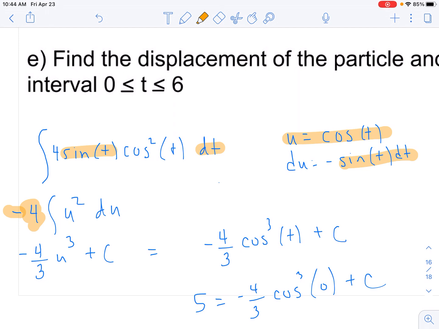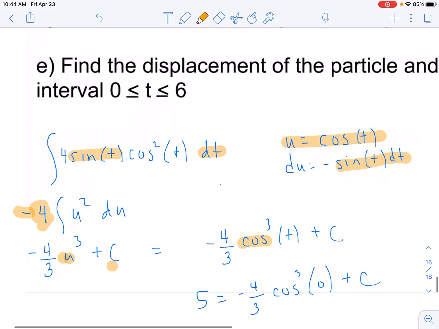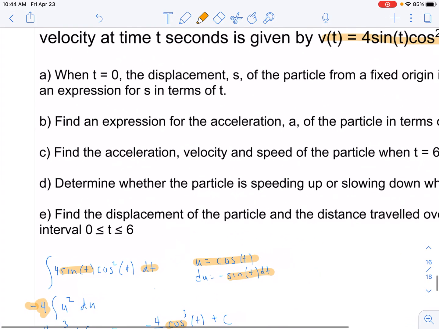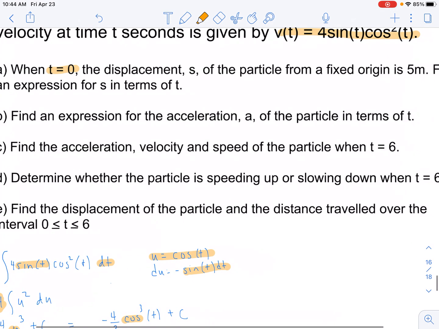So now I'm just integrating u squared. Integral of u squared is u cubed divided by 3. So I get negative 4 over 3 u cubed plus c. Last step, just substitute our u back in. And now we're going to use the given information that when t equals 0, the distance is 5.